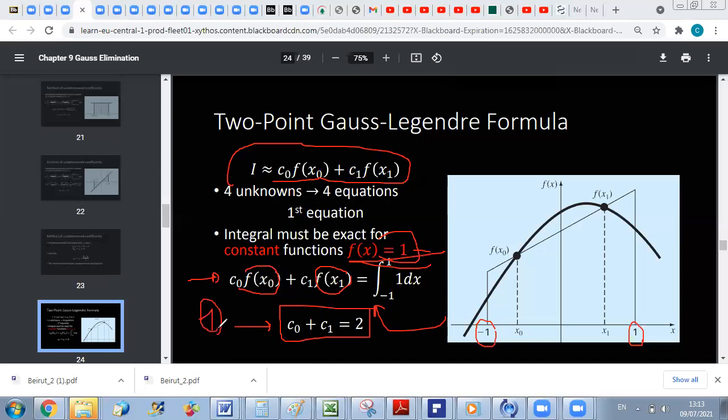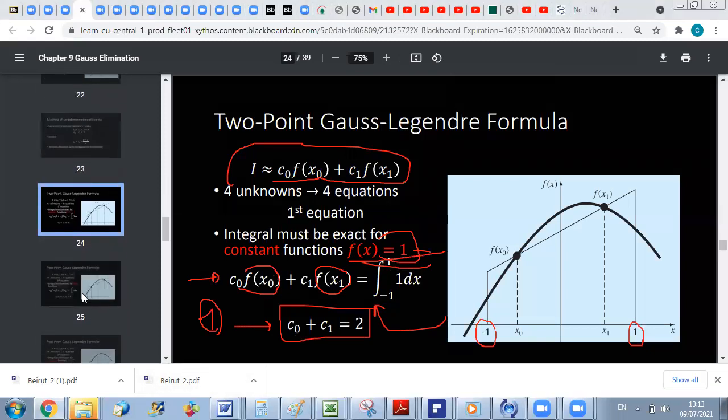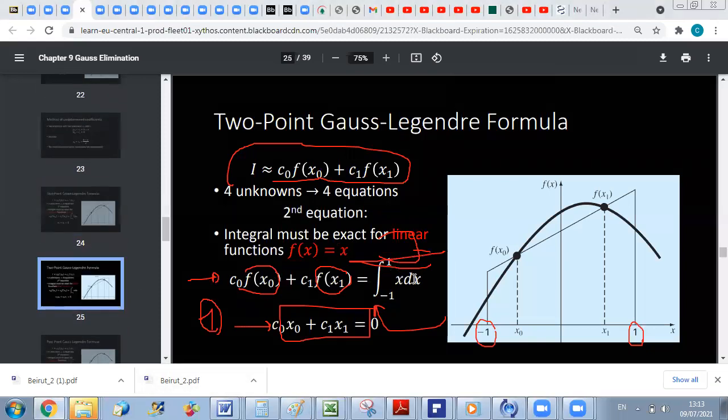Now, as George said, I will force my equation to give me an exact value now for a linear function. Why can I do this? Because I have 4 unknowns, so I can find them in a way to satisfy 4 conditions. The first one is to give me an exact integral for a constant function. The second one is to give me an exact value for a linear function. The third condition is to give me an exact value for a quadratic function x squared.